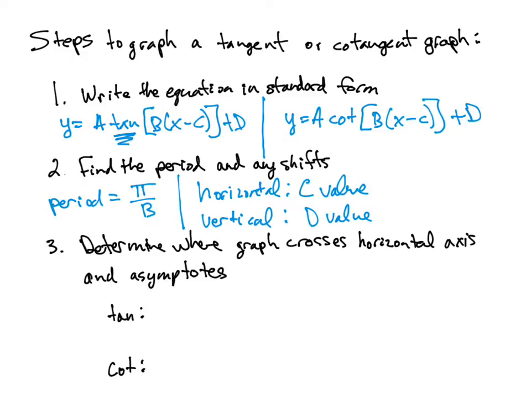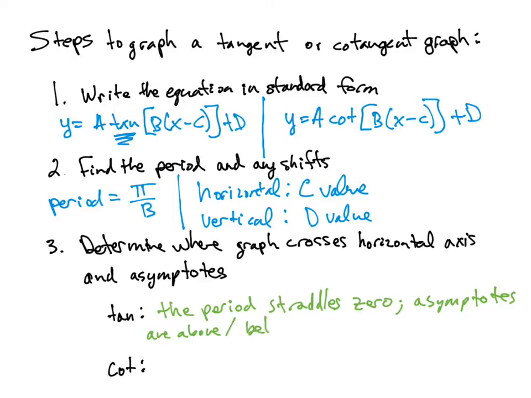Next, we need to determine where the graph crosses the horizontal axis and where the asymptotes are. So for the tangent graph, we say the period straddles 0, and the asymptotes are above and below 0 by half the period length.